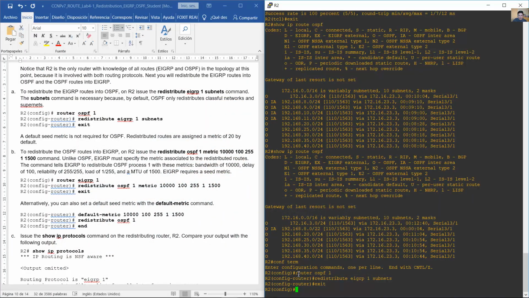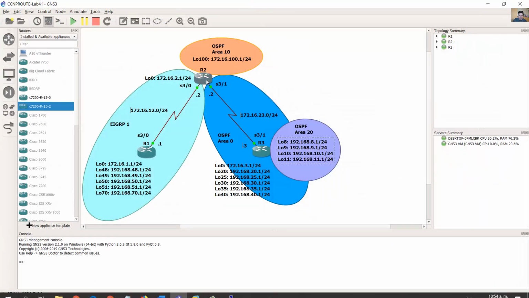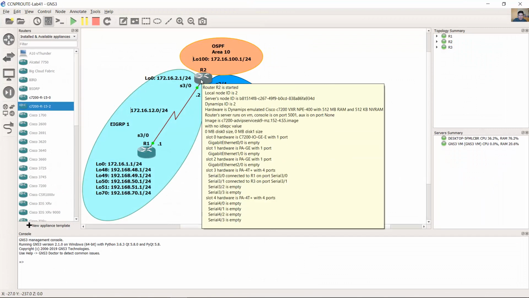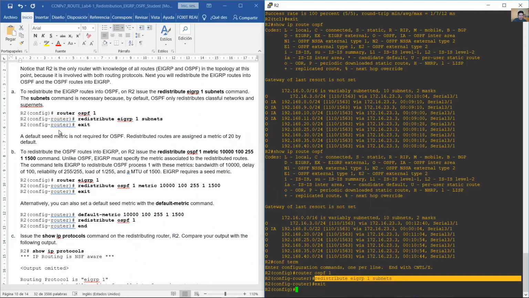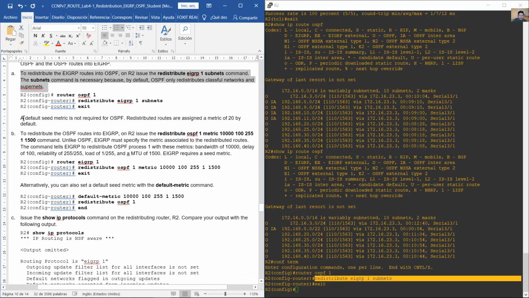You are entering OSPF and redistributing EIGRP on R2, which is in the middle of EIGRP and OSPF. A default seed metric is not required for OSPF. Redistributed routes are assigned a metric of 20 by default.